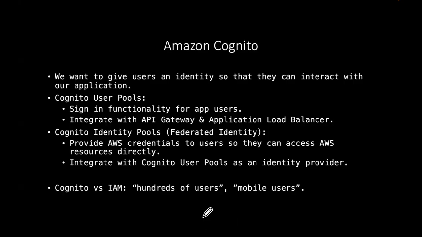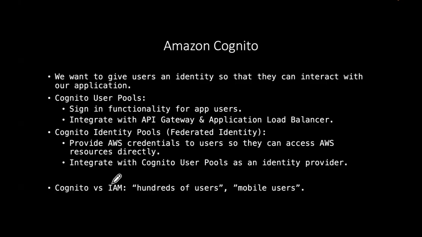Well, we know about IAM from before, and you might think, doesn't that also deal with identity management? And it does, but a very simple distinction between Cognito and IAM is that when you've got large volumes of users that you want to give access to your applications, that's where Cognito comes in.